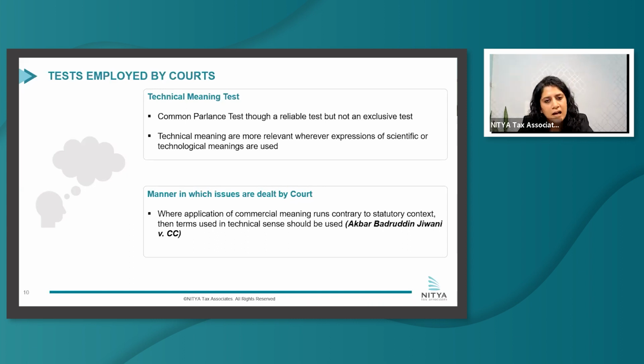So when the tariff entry only envisages that the product has to be a technical product, and the heading covers certain technological or scientific products only, then you have to go to the technical meaning of the product.